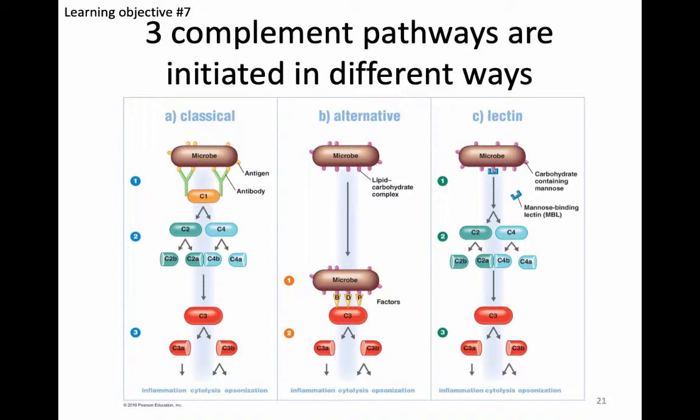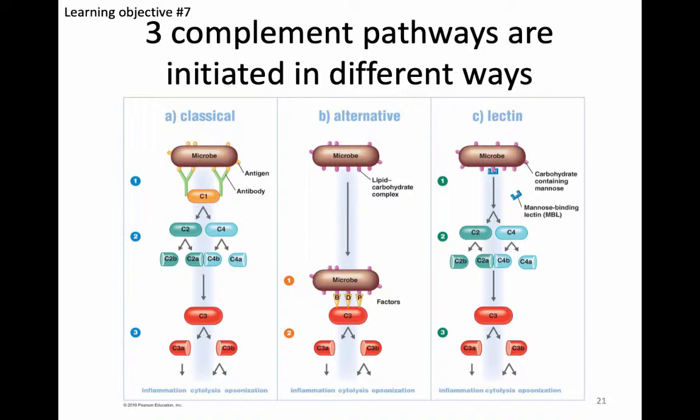Each of the complement pathways shown here is a cascade, where one event occurs and that leads to the next event in the cascade, which results in the third event in the cascade, and so on. So there are three ways that complement pathways can be initiated. I'll describe the first one in detail, although for your exam you just need to know how they are initiated and what the outcome is.